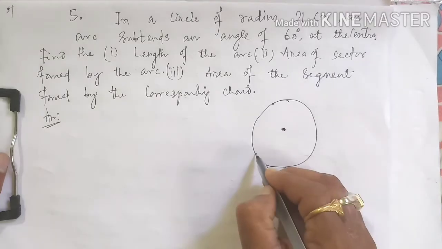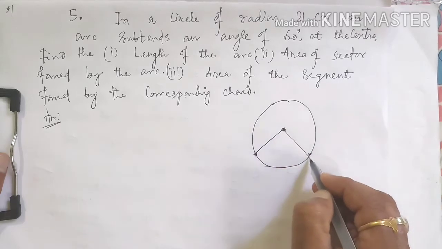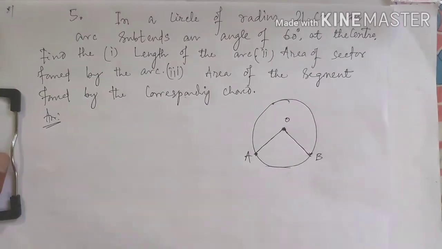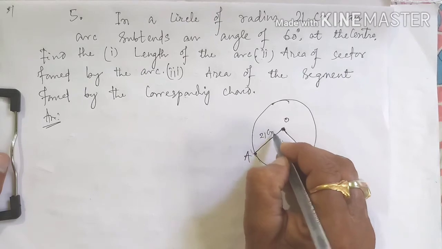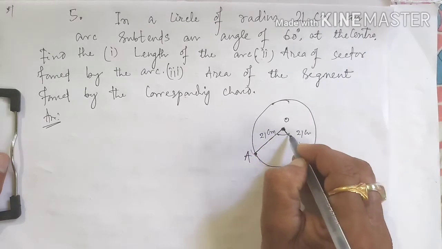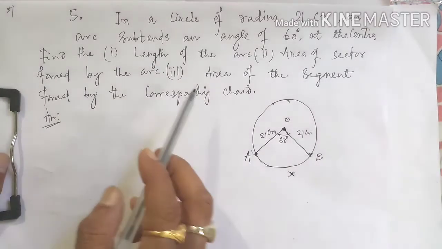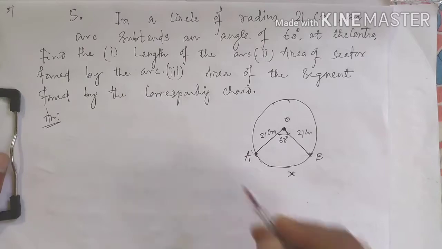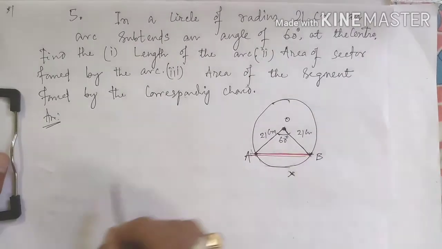Find the length of the arc, you know. Suppose it is OAB. That means here AXB arc and the radius is 21 centimeter and angle of the sector is 60 degree. Find the length of the arc and area of the sector and area of the segment formed by the corresponding chord. Chord is what? AB is a chord, and you have to calculate the area of the segment.